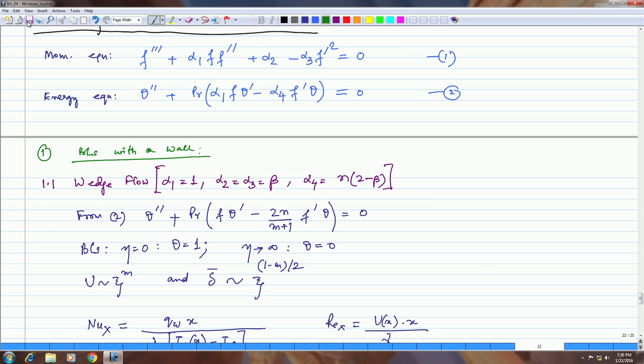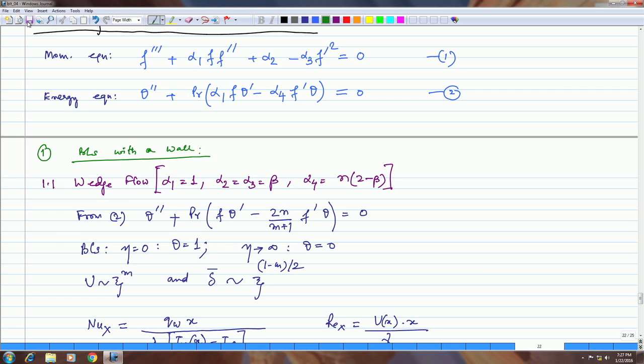The moment you give different values of these constants, your equation also changes, so it will give you a different numerical nature of the equation.